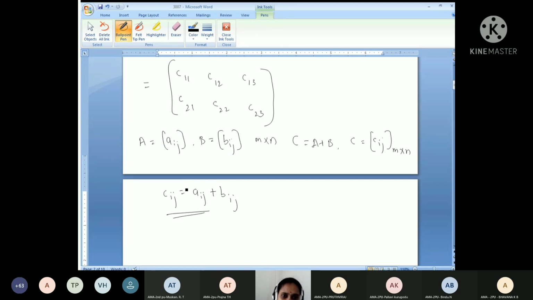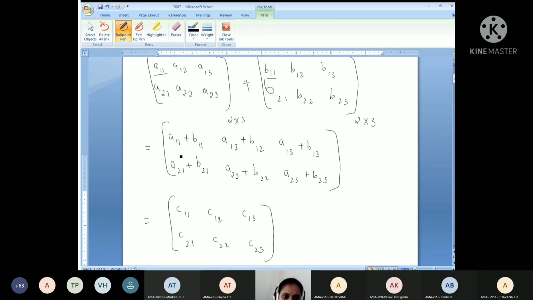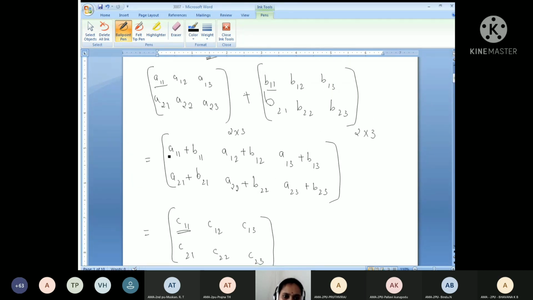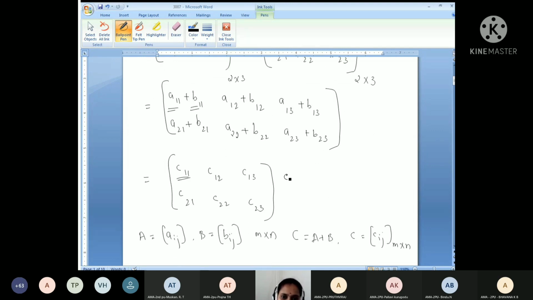Here, why we write like this: see, how I wrote C11 means what? A11 plus B11. So that is why Cij is equal to Aij plus Bij. I hope now you are following this.